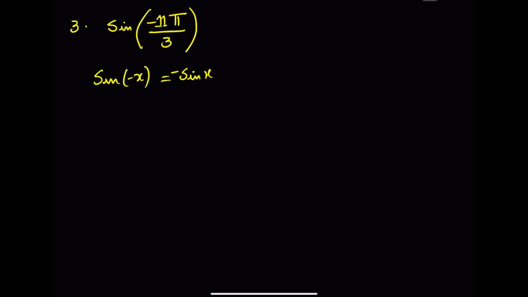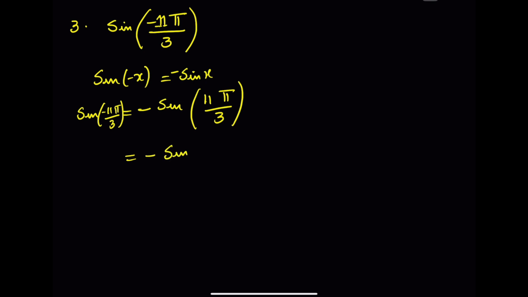So sine of minus 11 pi by 3 can be rewritten as minus sine of 11 pi by 3. And what is 11 pi by 3? It is 660 degrees. So this will be minus sine of 660 degrees.